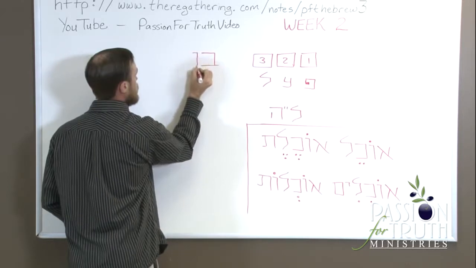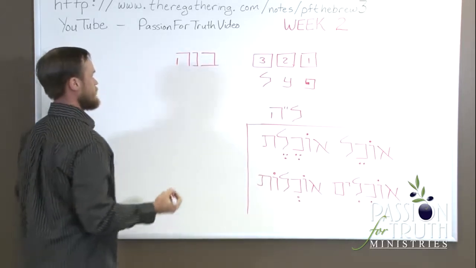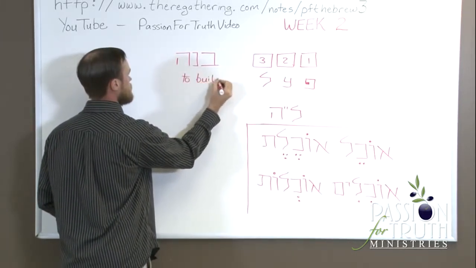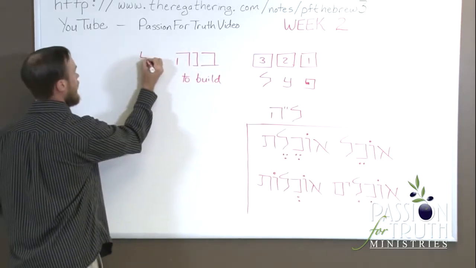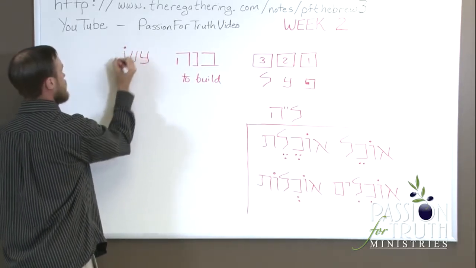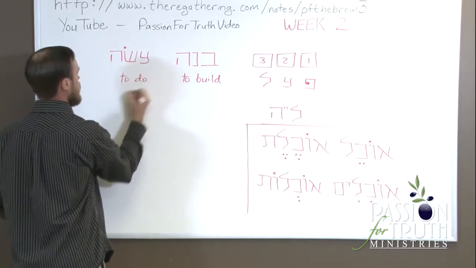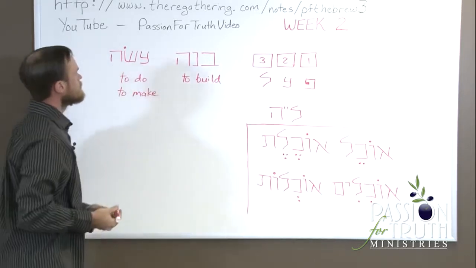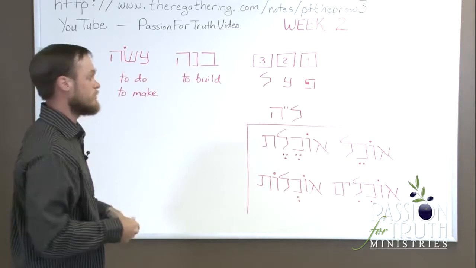Beit, nun, he means to build. And ayin, sin, he means to do, or usually to make. Okay, contrasted with bara, as I mentioned before.